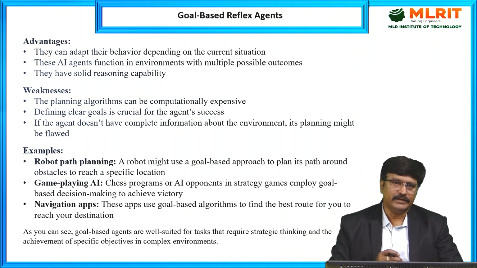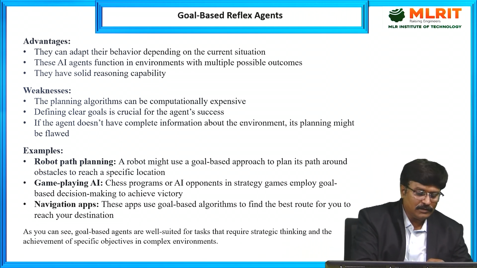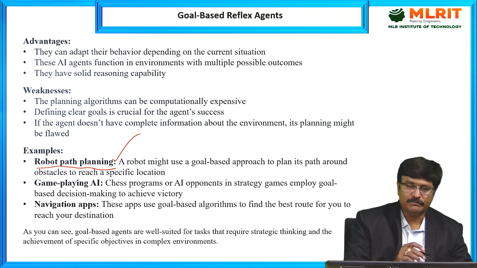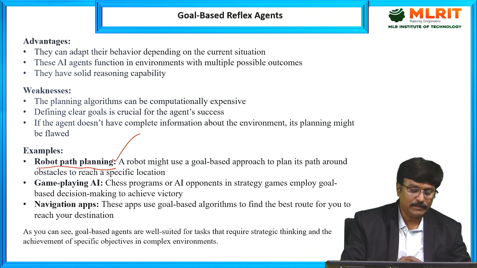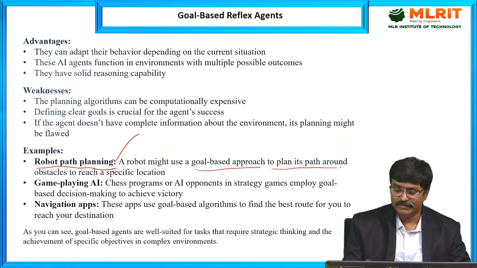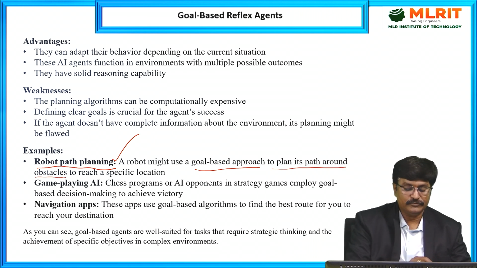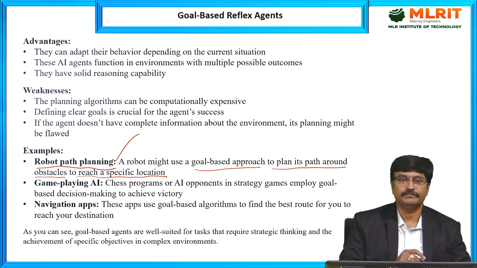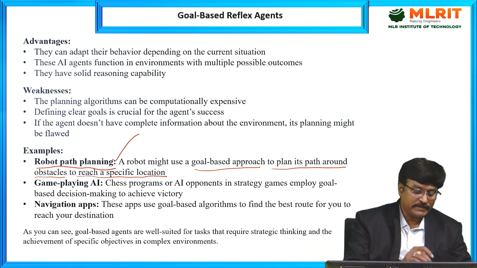What are the examples of goal-based agents? The examples are robot path finding or robot path planning. A robot might use the goal-based approach to plan its path around obstacles to reach a specific location. Then video gaming or chess playing are related applications.